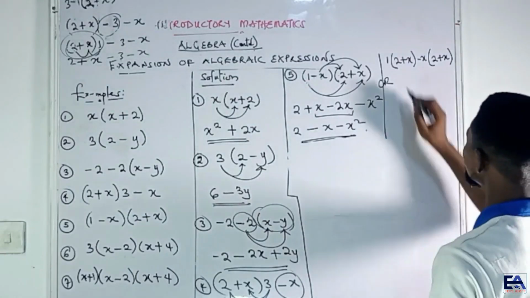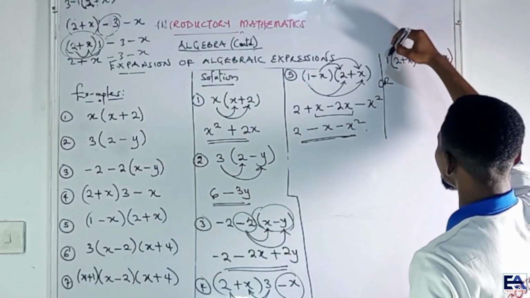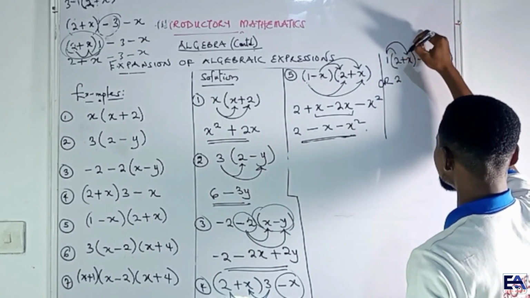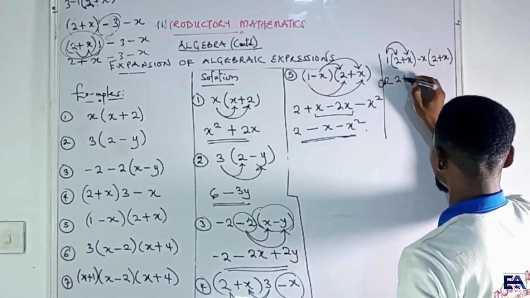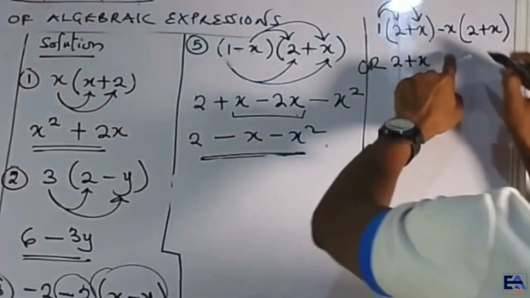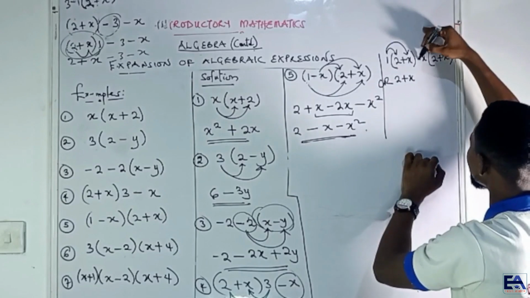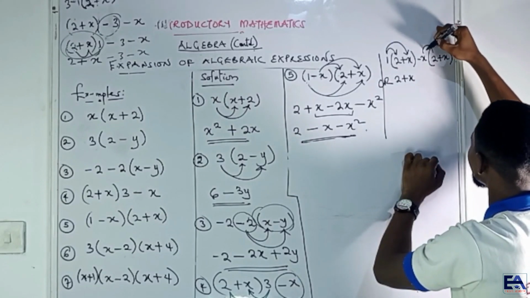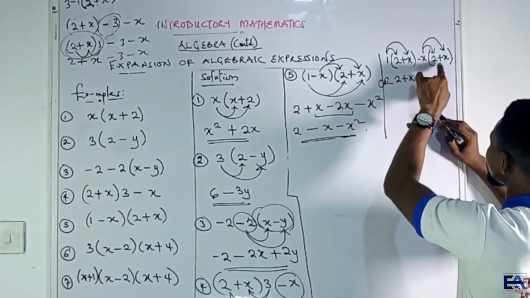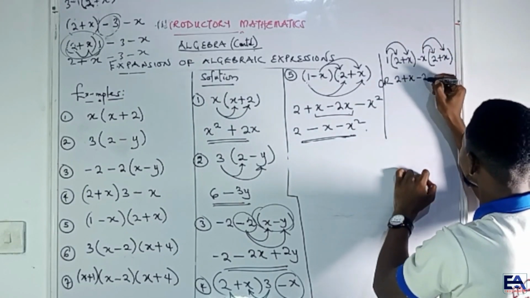Now, we say 1 times 2 will give us 2. Then 1 times x gives us what? Plus x, like plus times plus. Now, we go here: minus x times 2 will give us what? Minus 2x.